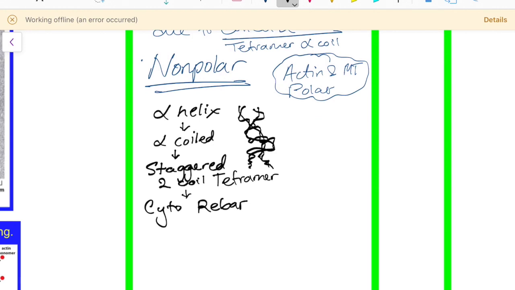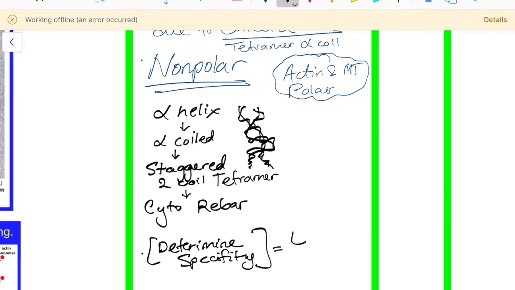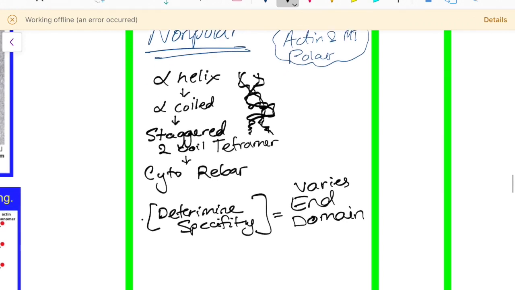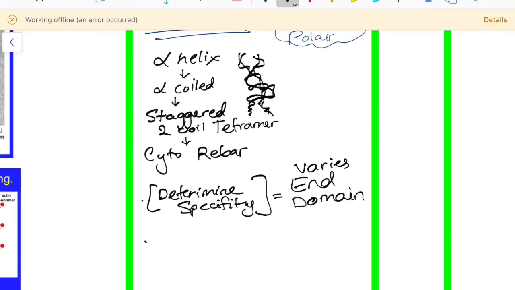It's nonpolar, and you can determine specificity by looking at the end domain. So you have a varied end domain, and that tells you about the intermediate filament. Once again, it gives us the cell shear resistance.